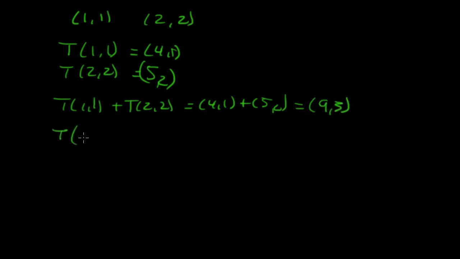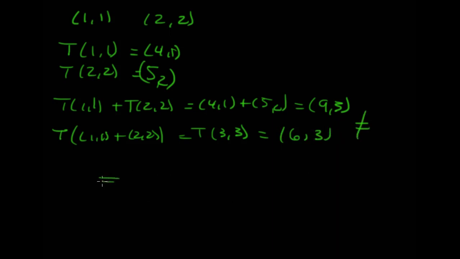If you take the transformation of the sums, you're taking T of (3, 3), which works out to be (6, 3). These are not equal, so this is not a linear transformation. Okay, so let's move on to number 4.